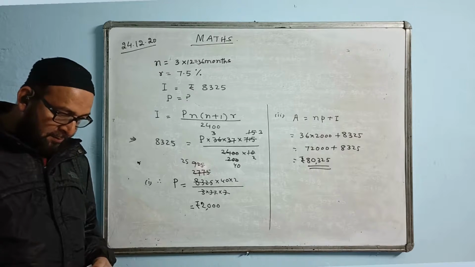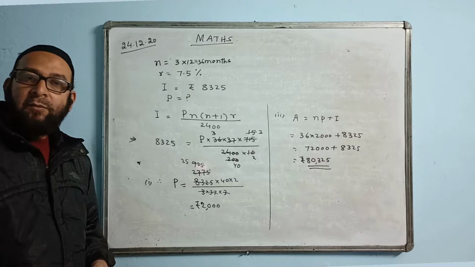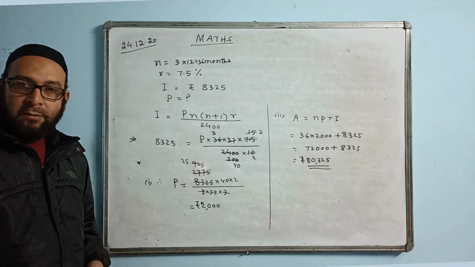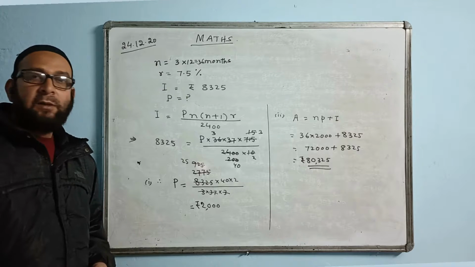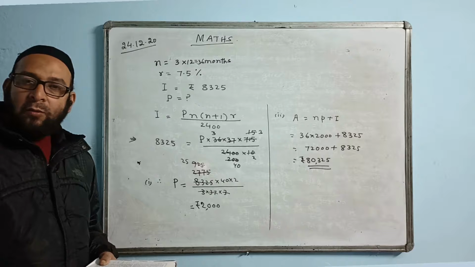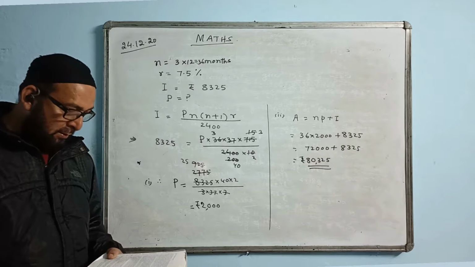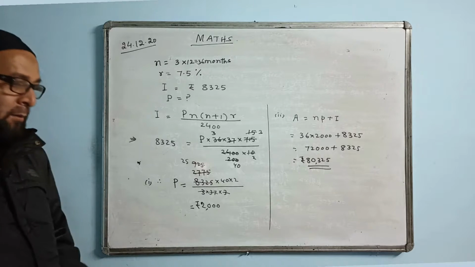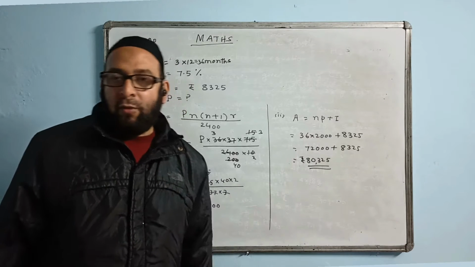find number 1, the time for which the account was held, and second part, the amount of maturity.